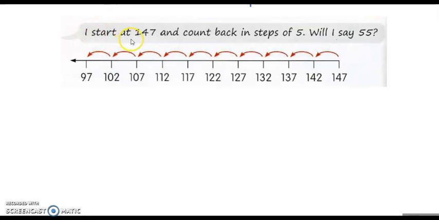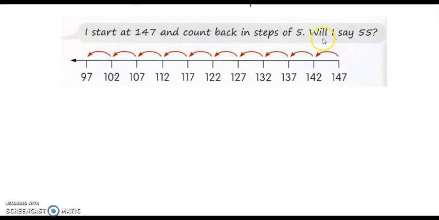Now I will start at 147. I'm going to start the counting from this number 147, and I will count back. This time I'm not going to count on, but I'm going to count back in steps of 5.